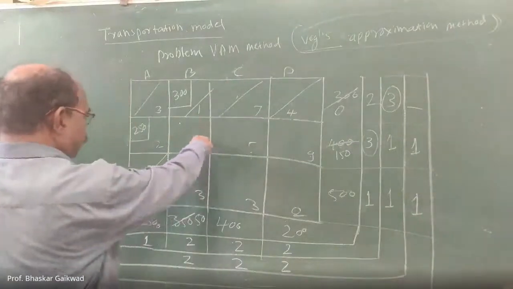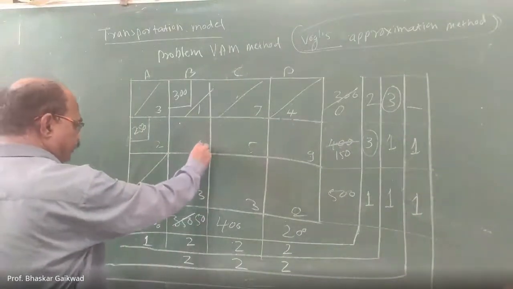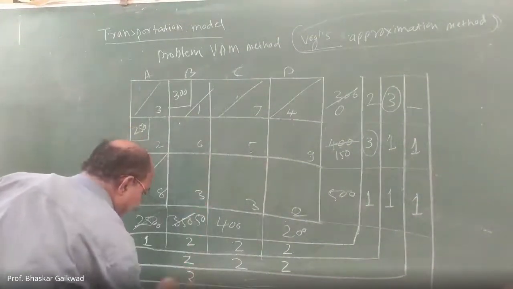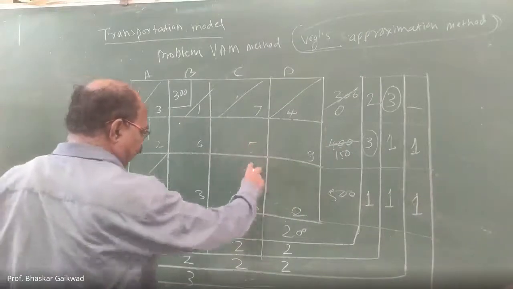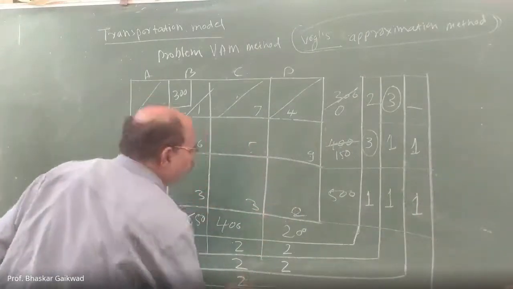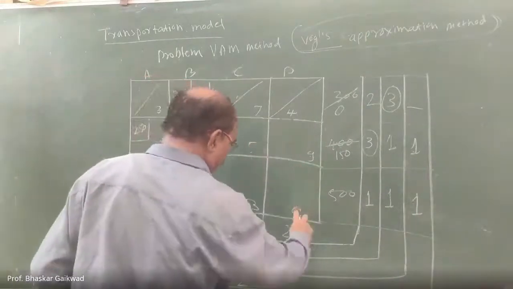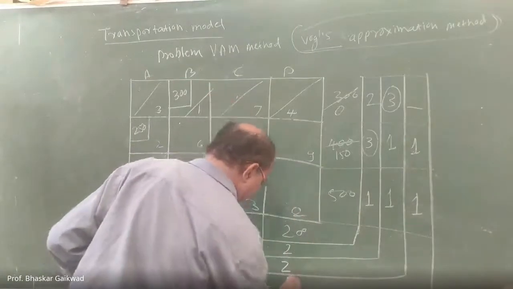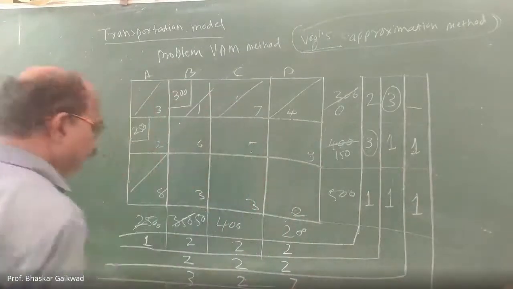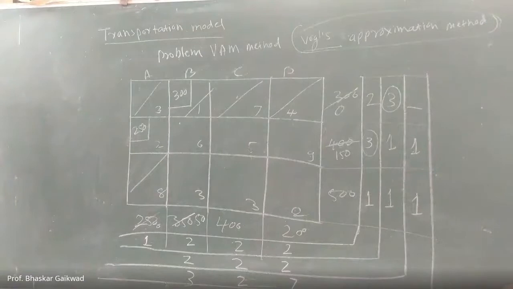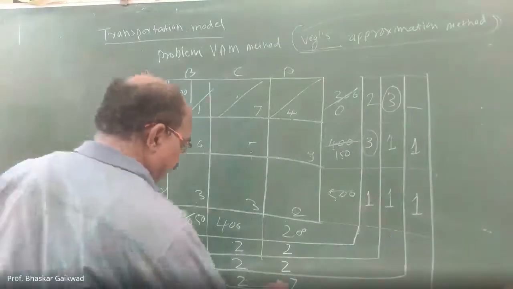Then 6 and 3, 3. 5, 3, 2. 9, 2, 7. 3, 2, 7. Correct. Now out of this, which is the maximum? 7.